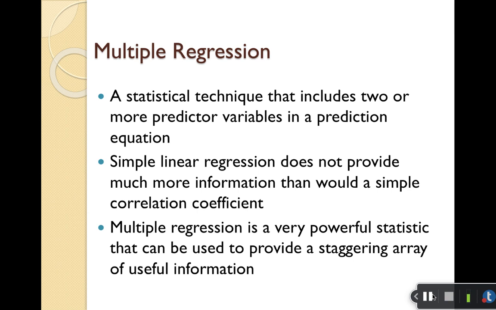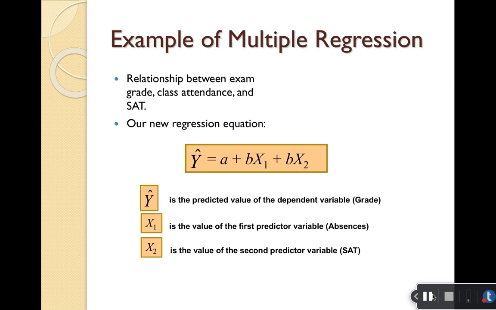So the simple linear regression isn't giving us a whole lot more information than just that correlation coefficient. The nice thing was we have that equation and we can kind of make predictions or guesses. We can plug in different numbers for X and see how our predicted outcome on Y turns out. But really, it's not giving us a whole lot more. Whereas multiple regression is very powerful. It can provide a pretty impressive array of information.